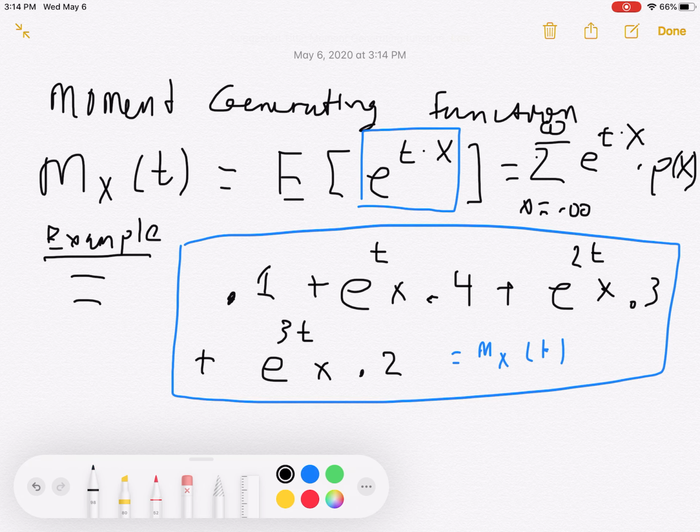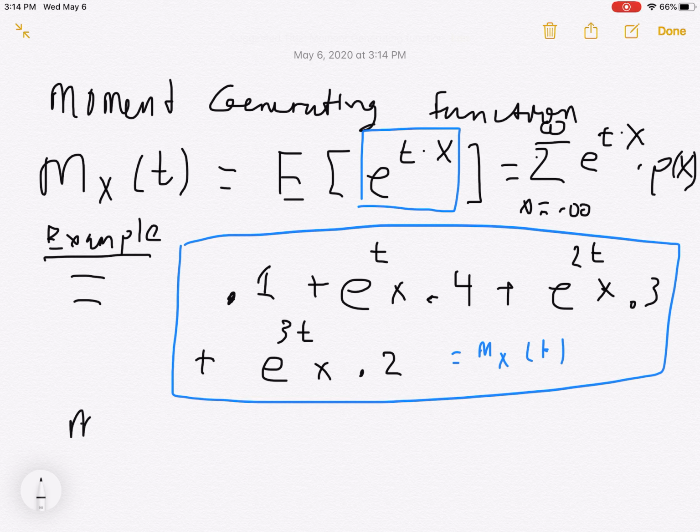Now, I could do something curious here, and that would be I'm going to take the derivative. I mean, after all, calculus is the prerequisite for this course, and I'm going to evaluate at 0. Now, when I differentiate 0.1, I'm going to get 0.